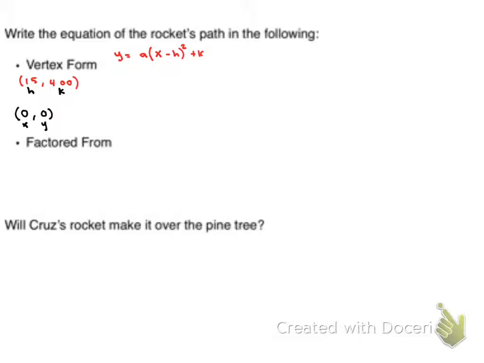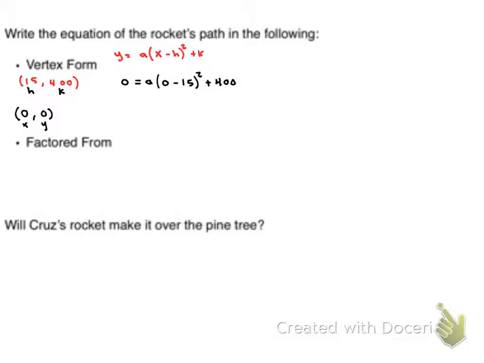So let's start plugging in. My y is 0 equals a times my x, which is 0, minus my h, which is 15, squared, plus my k, which is 400. I just transferred all these over into their right spots.